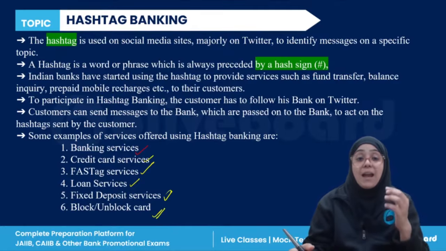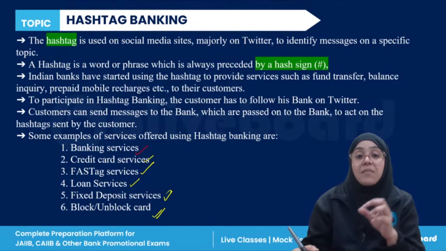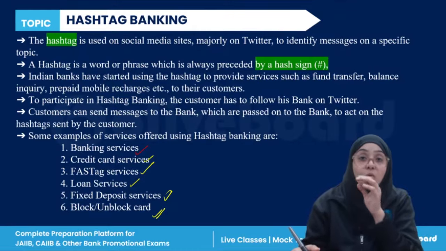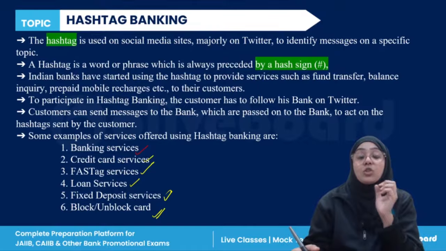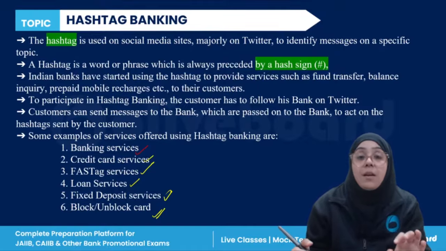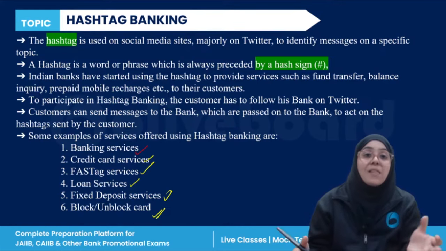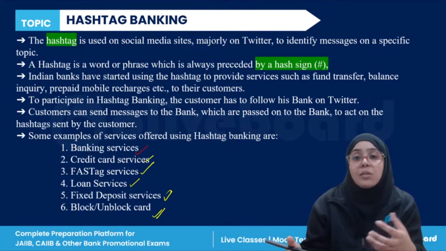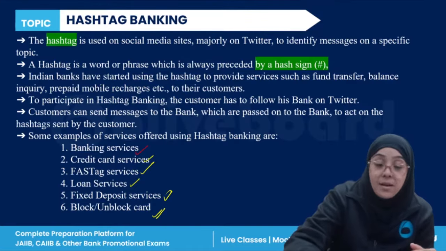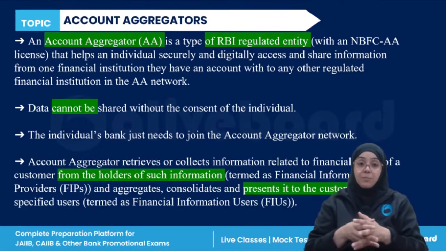These are different hashtags used in banking to increase the reach in a particular post, which is done by the bank on social media sites and Twitter to actually engage people in the banking environment, right?